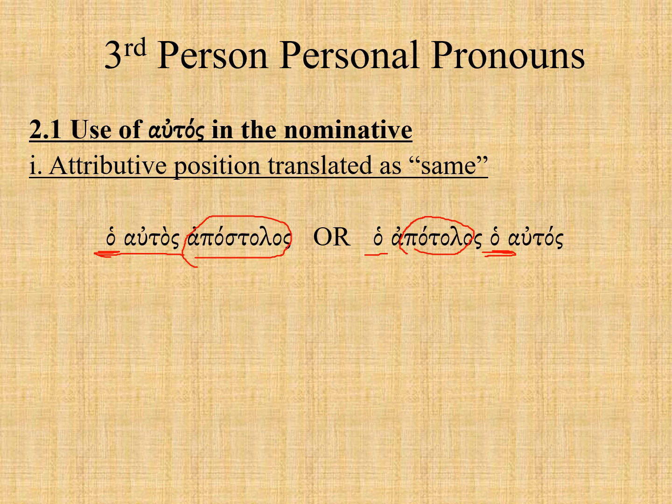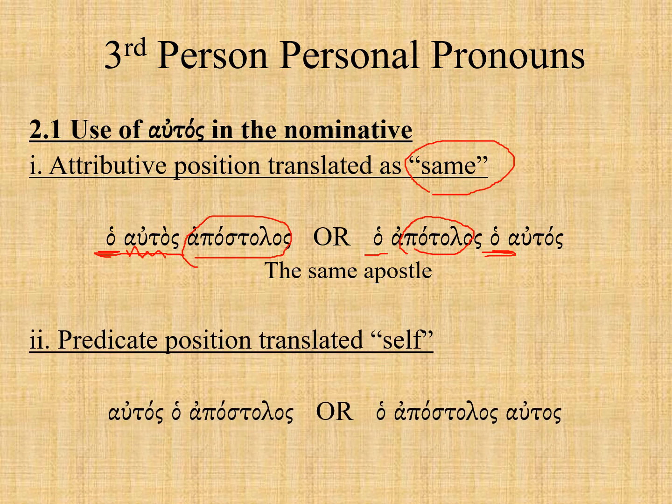We have to translate it with the word same. Both of these sentences mean the same apostle. So autos gives this adjectival way of understanding apostolos, and it would mean the same apostle.